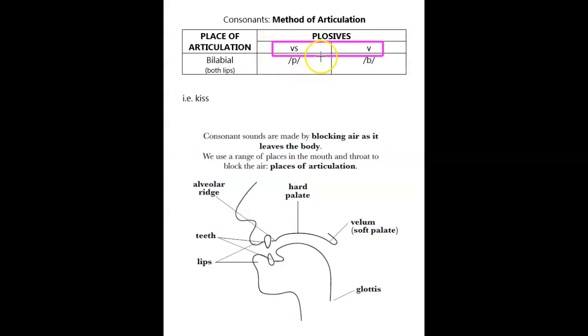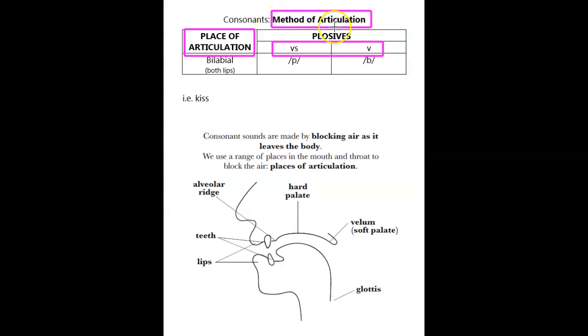So these consonants are classified on voicing, on place of articulation, and the place of articulation in this case is bilabial, meaning we're using both lips to hold the breath stream and then build up the air before exploding it out. And then the third factor is the method of articulation.